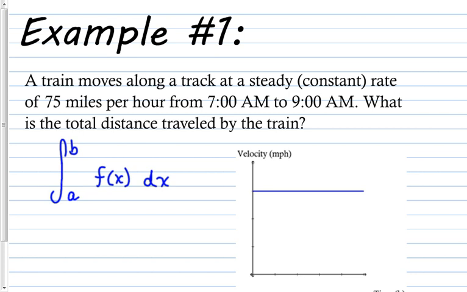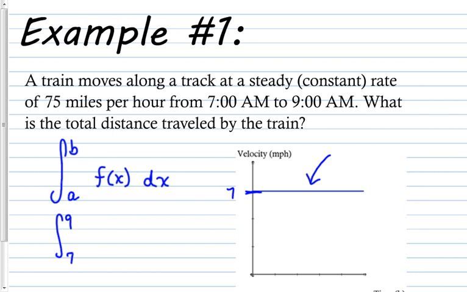So that's notation. Now a to b, those are my intervals. So I could use from 7 to 9. That's perfectly fine. From 7 to 9. Now my function. Remember, the 75 miles per hour was a straight line. How do you write the equation of a straight horizontal line?